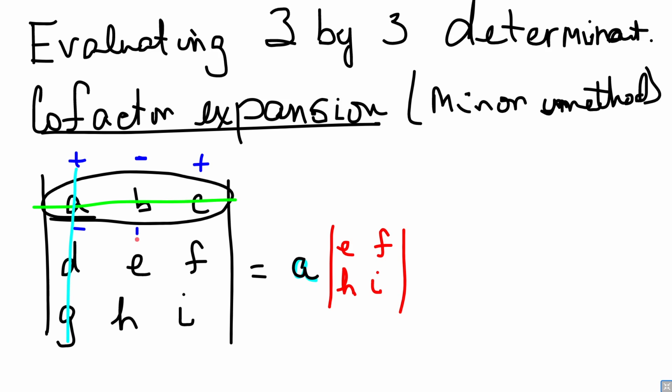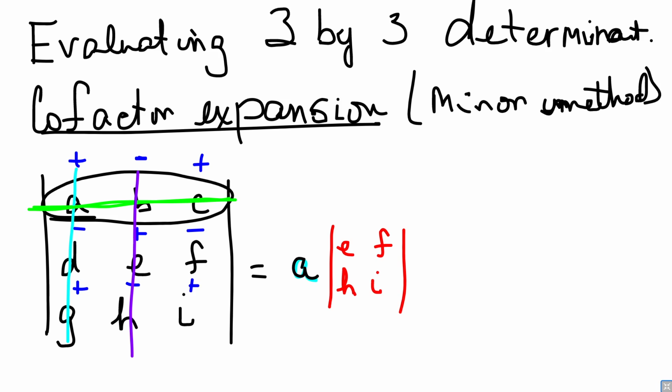So this would be negative, positive, negative, and this would be positive, negative, positive. But since we're doing everything off the first row, we're only worried about those signs.